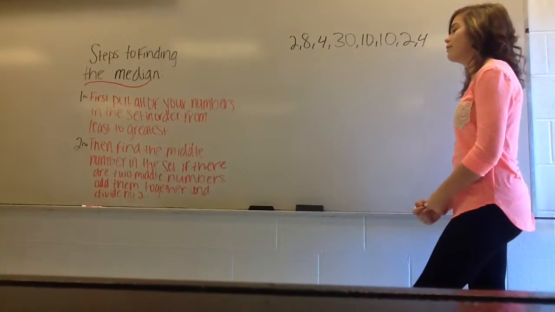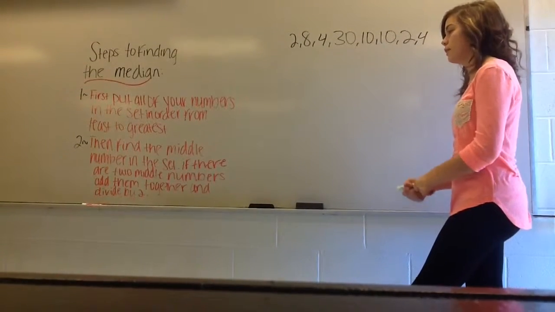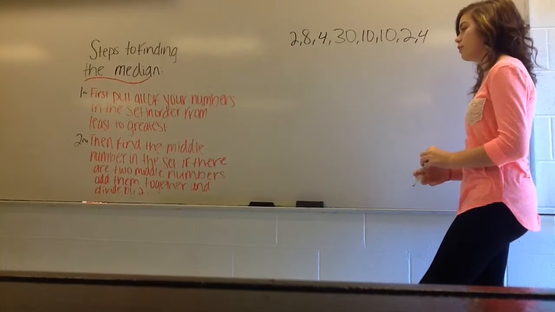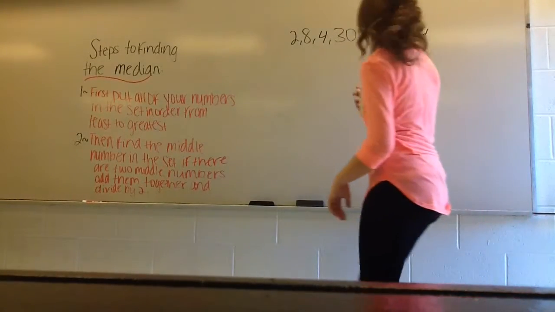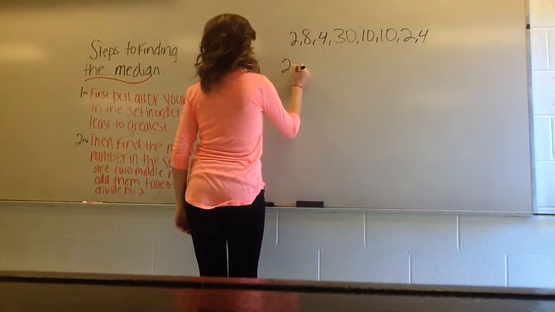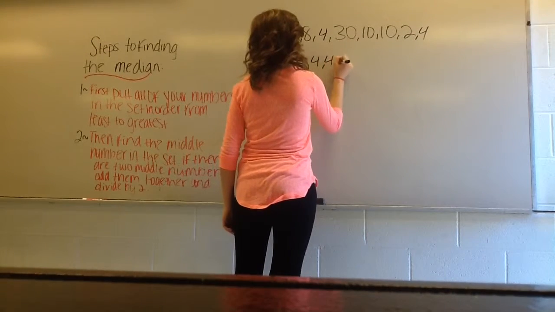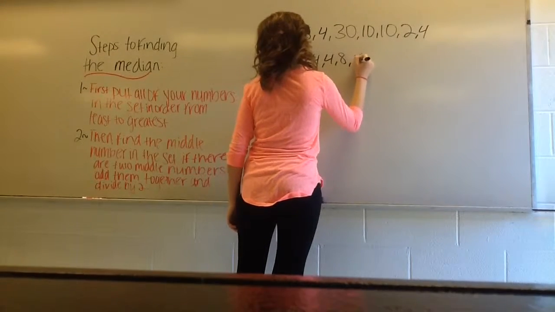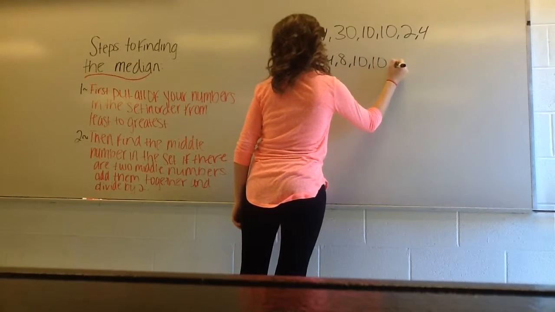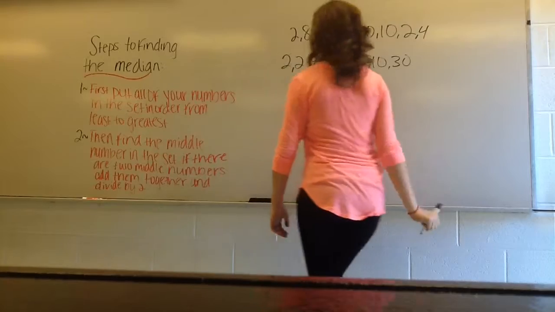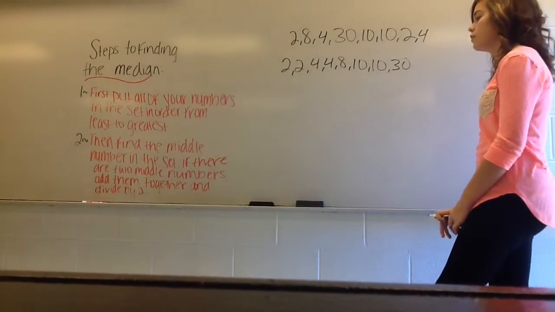Now for our second example of finding the median. First, we're going to put all of our numbers in order from least to greatest. So it's 2, 2, 4, 4, 8, 10, 10, and 30. Then we're going to find the middle number in the set.